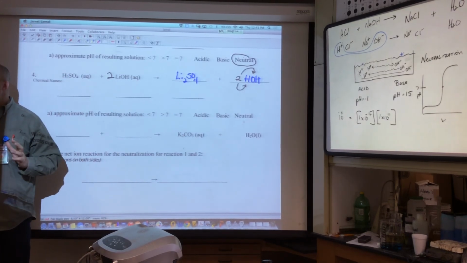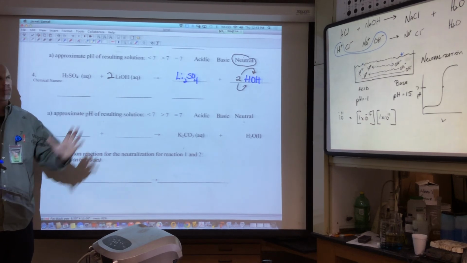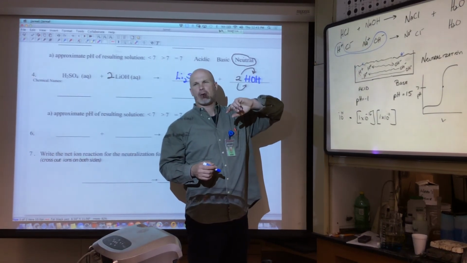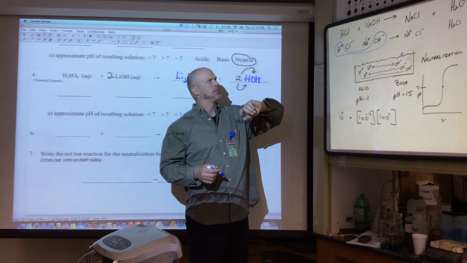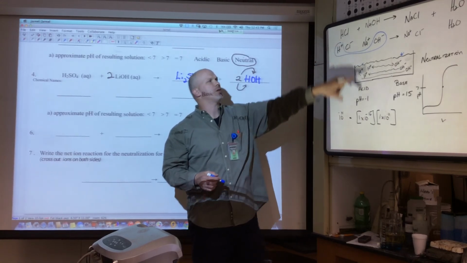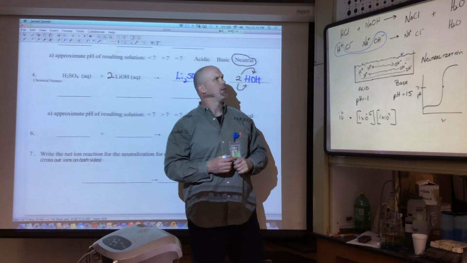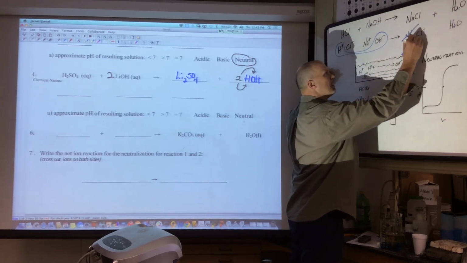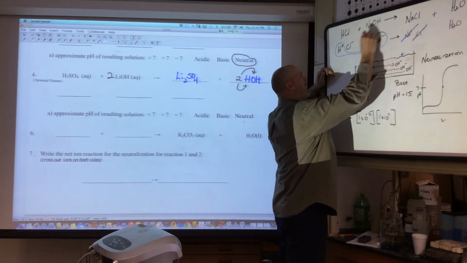You're going to cancel out the ions that are really doing nothing. What ions are doing nothing right here? They're not part of any reaction. Which ones are free on this side and still free? Yeah, so the Na and Cl are called spectators. They're not doing anything in this reaction.